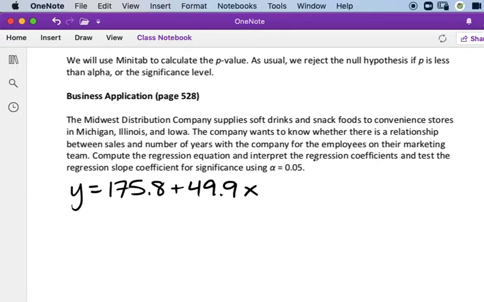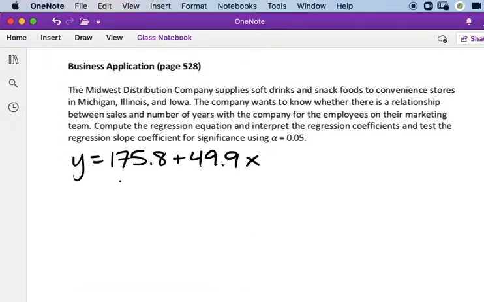The other thing I was looking at was interpreting the regression coefficients. That's looking at these numbers and figuring out what they mean. So the slope is 49.9.